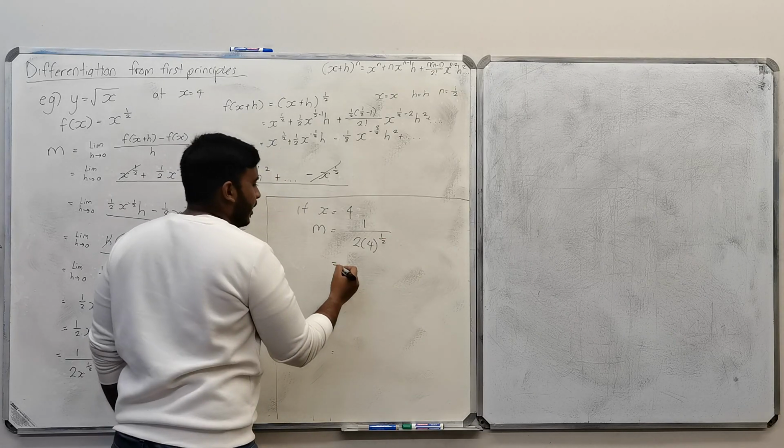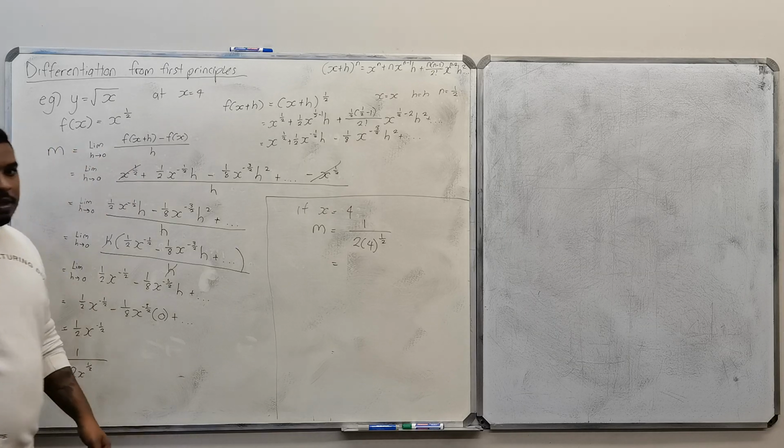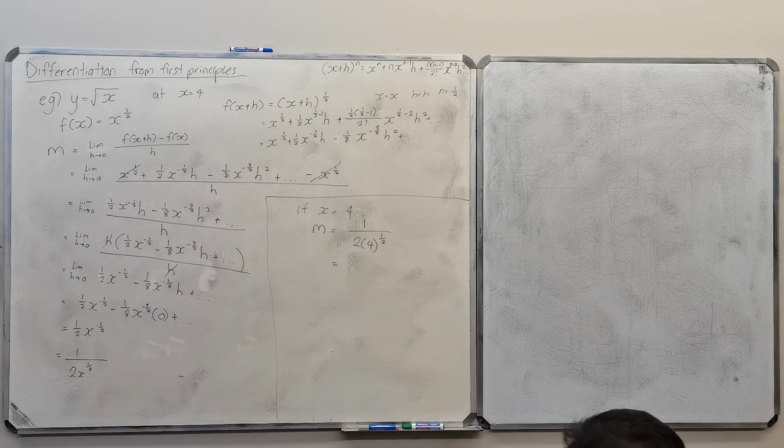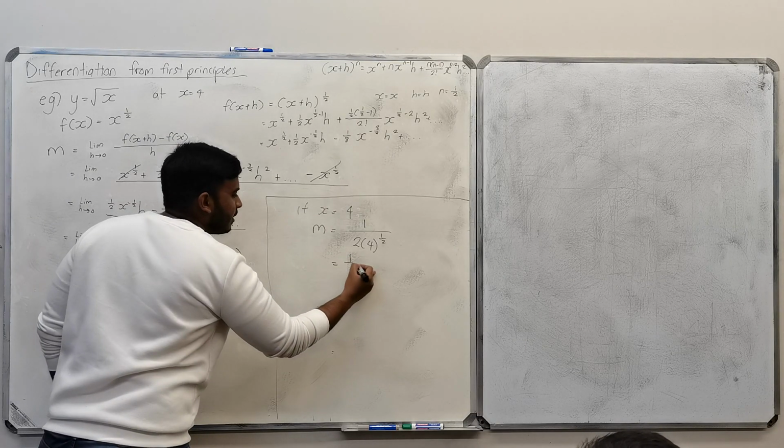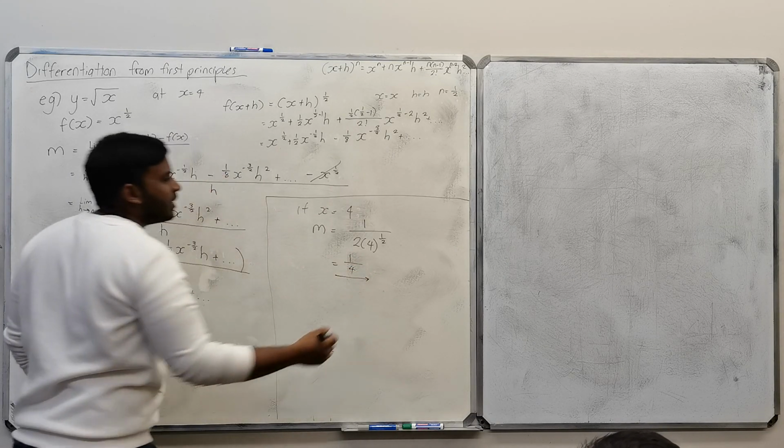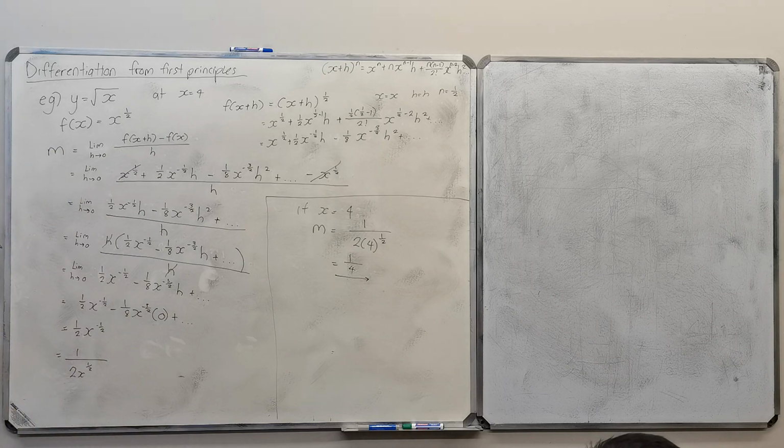When you put that in your calculator, watch it. One over 4. 1 over 4. So this will be the gradient of the tangent at x is equal to 4.